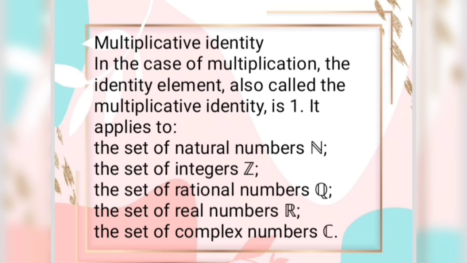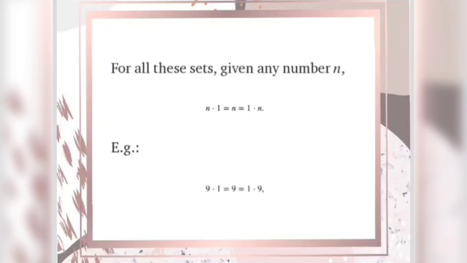It applies to the set of natural numbers N, the set of integers Z, the set of rational numbers Q, the set of real numbers R, the set of complex numbers C. For all these sets, given any number n, n times 1 equals n equals 1 times n. For example, 9 times 1 equals 9 equals 1 times 9.